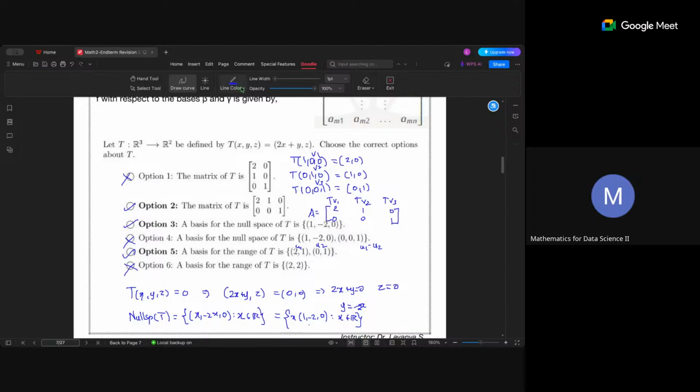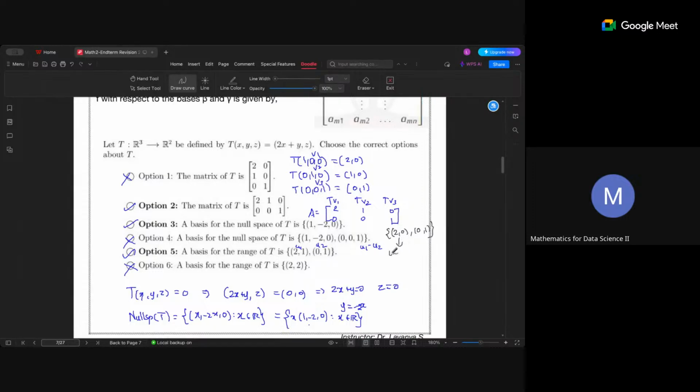Okay, so now what is it you can see? You have two linearly independent columns in the matrix A. So what are the linearly independent columns? Either you can take (2, 0), (0, 1), or you can take (1, 0), (0, 1). It is our wish only. So these are the linearly independent columns. Now you have to check whether you will be able to get these two vectors from the two vectors given here. Let us call these u1 and u2.